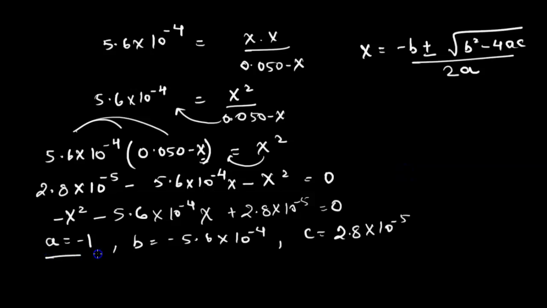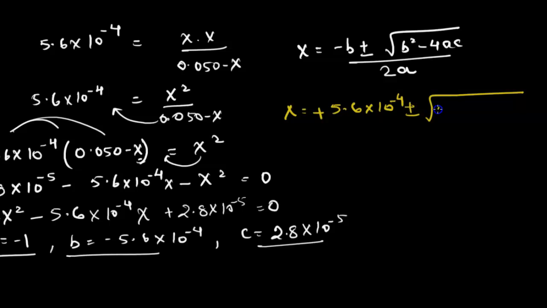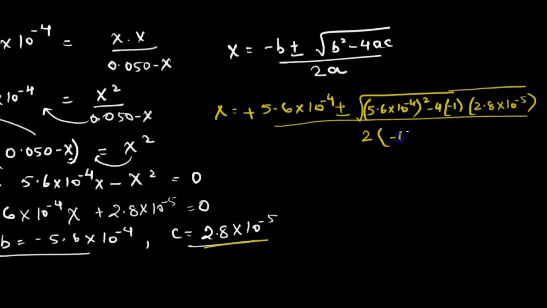We would substitute these a, b, and c values in the quadratic formula to get x equal to negative b, which means negative and negative becomes positive. So we have 5.6 times 10 to the power negative 4 plus minus the square root of 5.6 times 10 to the power negative 4 squared minus 4, a is negative 1, c is 2.8 times 10 to the power negative 5, divided by 2, a is negative 1.